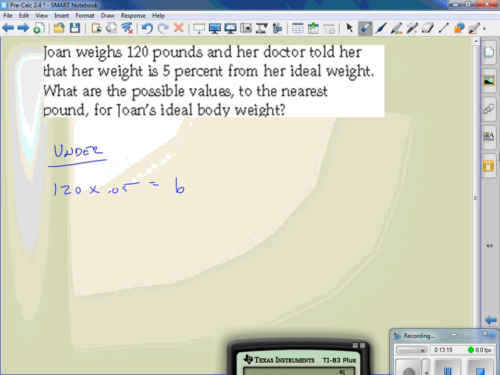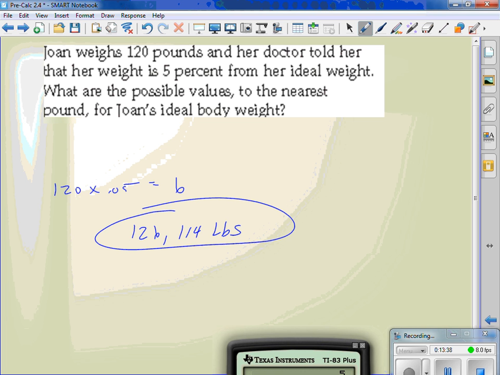So in other words, I took 5% of 120 pounds. So how much could she have weighed? 126 or 114 pounds. Because it's the plus or the minus. There's your answers. But you had to think through the whole point that the 5% could have been underweight or overweight.